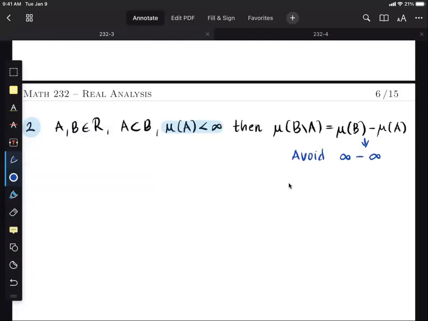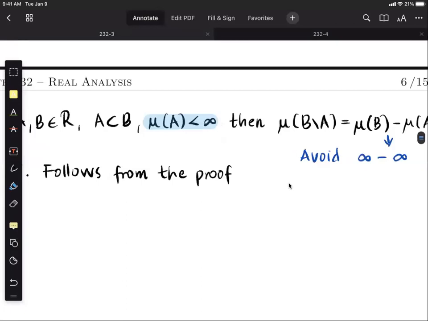So this coincides with our intuition. If you think of a content as the cardinality or the number of elements in a set, if you count the number of elements in the set difference B minus A, and A is contained in B, then you can count the number of elements of B and then subtract the number of elements of A. So for the proof of this, you could see that this follows immediately from the proof of 1, in particular, the proof of monotonicity.